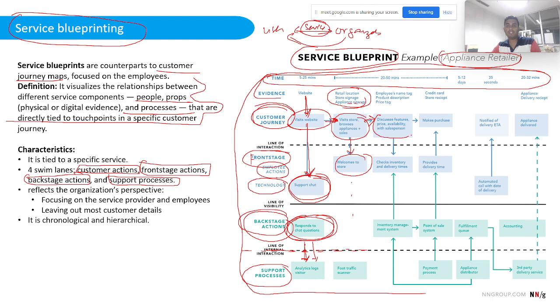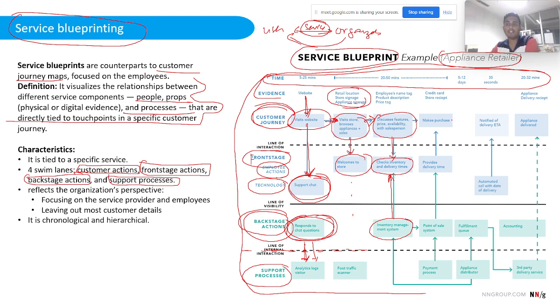Then the person has a discussion, looks for features and price, and talks with the salesperson. Then at the front end you have inventory, which checks for availability, and if it's available, the information from the back end is provided to the employees at the front end, that these are the details from the store.